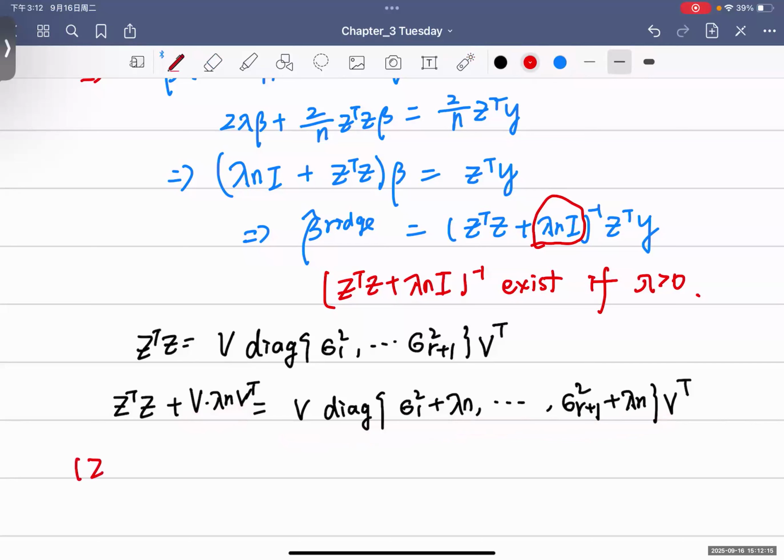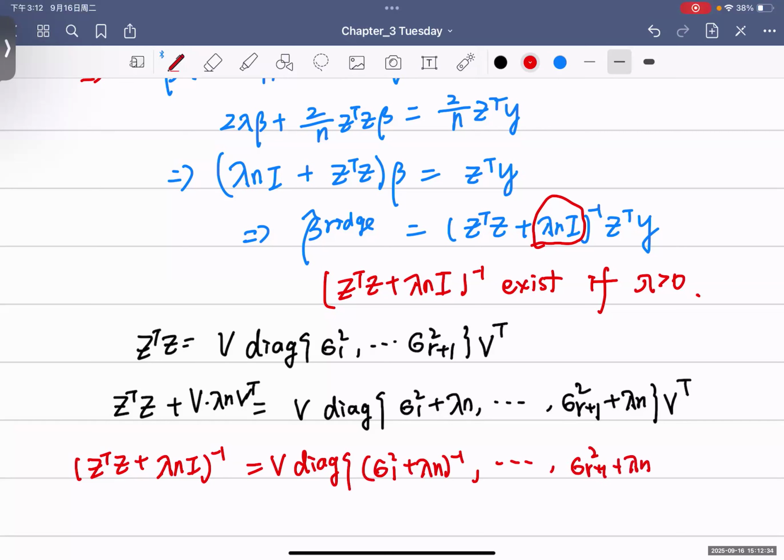Therefore, the inverse of z transpose z adding lambda n I becomes V times the diagonal of the inverted terms times V transpose. We can see that once sigma is small, we still have the lambda, so the whole term will not become extremely large.